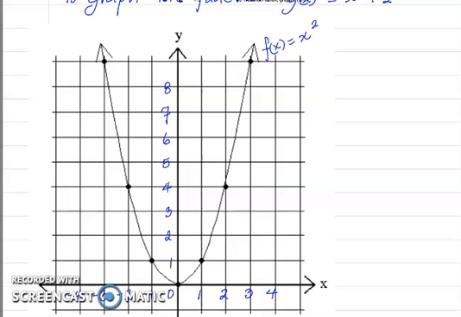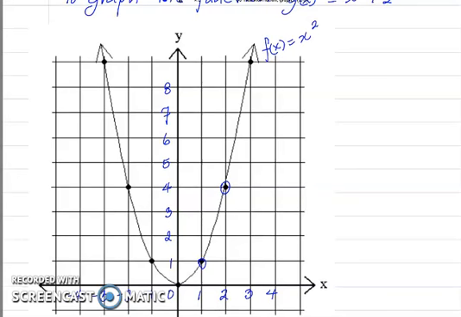We have some points on the graph, like 1, 1 here, and 2, 4 here, because when x is 2, f of x would be equal to 2 squared, which is 4. So the points 1, 1, 2, 4, 0, 0, which is the origin, minus 1, 1, and minus 2, 4 are points on the graph f of x is equal to x squared.